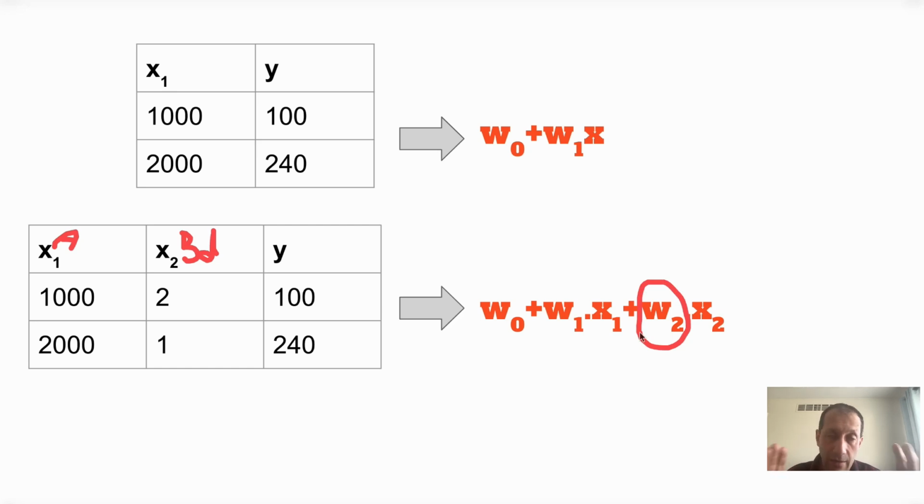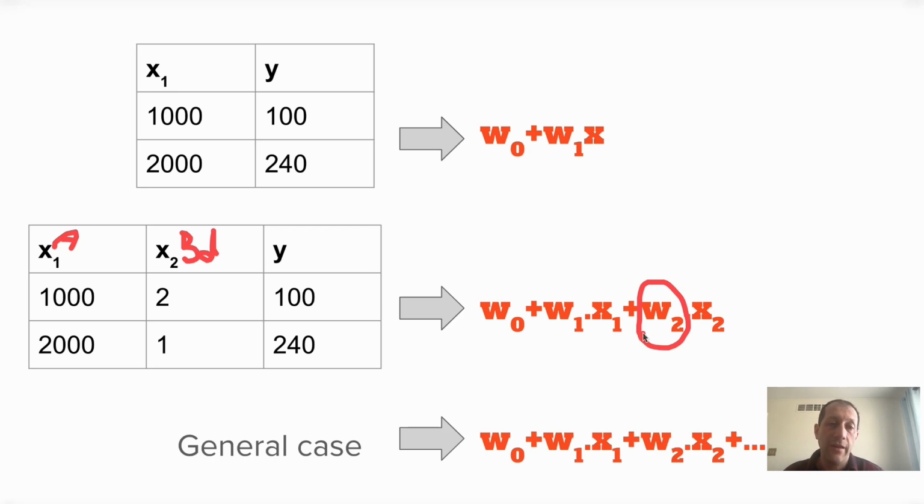The key idea is nothing changes in the algorithm, in the recipe that I described. It's just that with the same algorithm, with the same methodology that you were optimizing for, well, you were updating W0 and W1 to minimize loss, you do that for W2 as well.